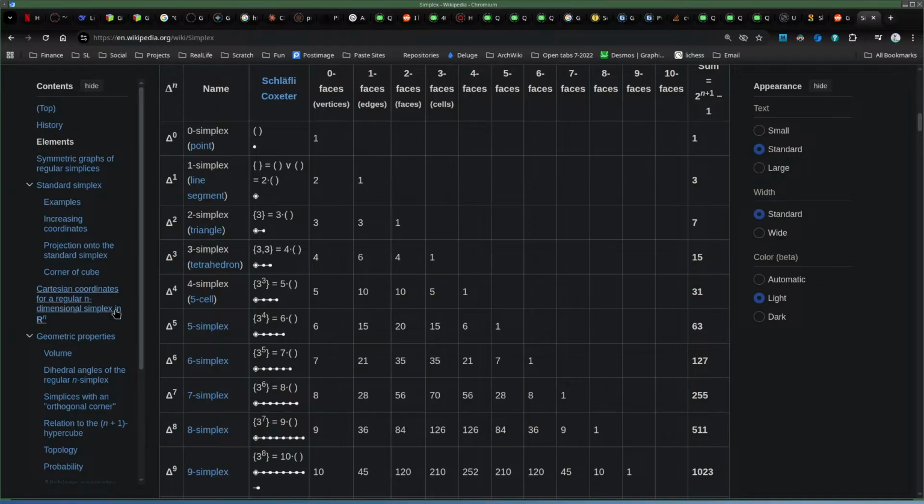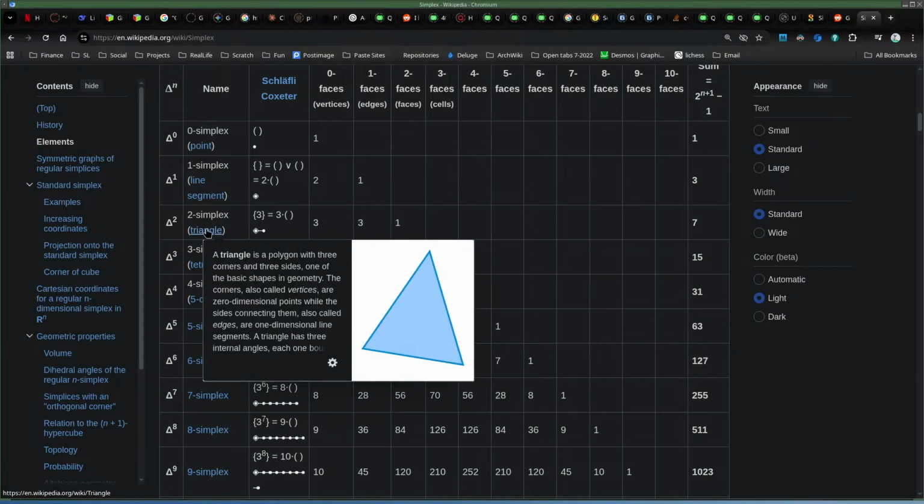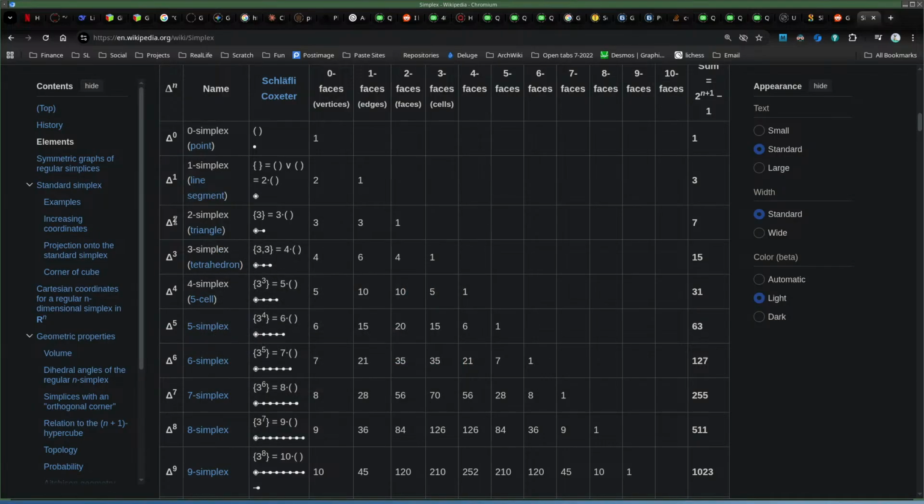So in 3 dimensions, let's say triangle is 2 dimensions. In 3 dimensions we cut off a triangle. So this is the n-1. So in 4 dimensions we cut off a tetrahedron, and in higher dimensions we cut off an n-1 simplex.